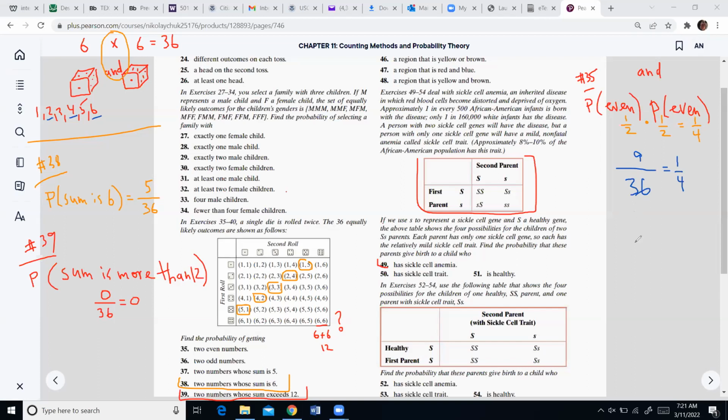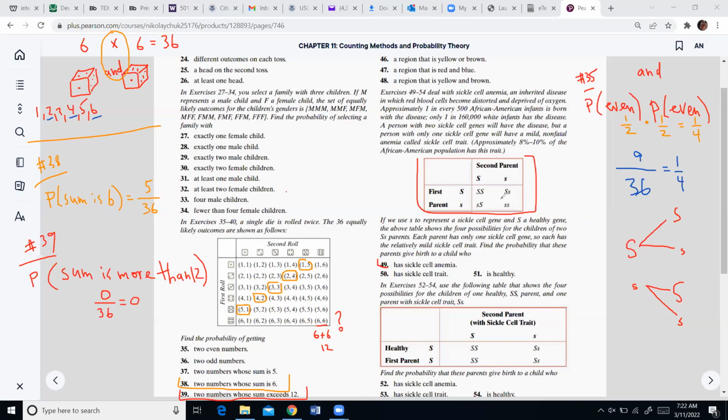There is either a capital S or a lowercase s, and with capital S, there could be either capital or lowercase, and the same with a little s. So it's the same exact tree diagram, but now instead of heads and tails, we have capital S and little s. It looks familiar, but they just put this in a table.